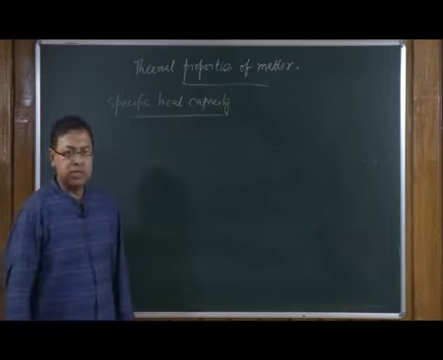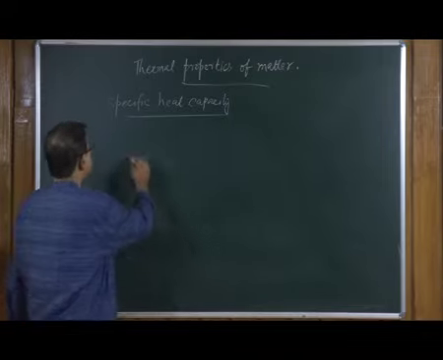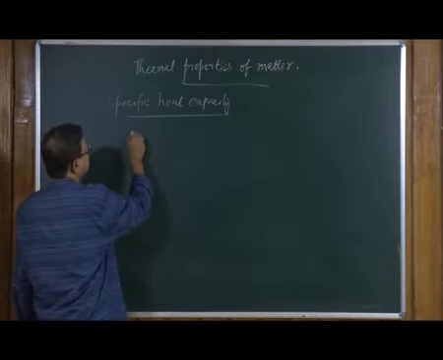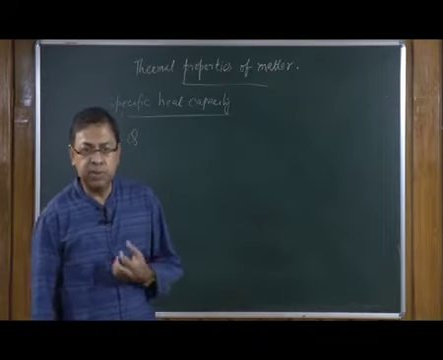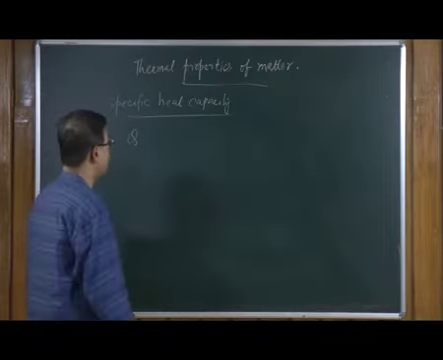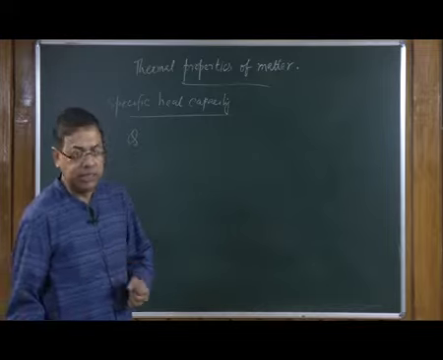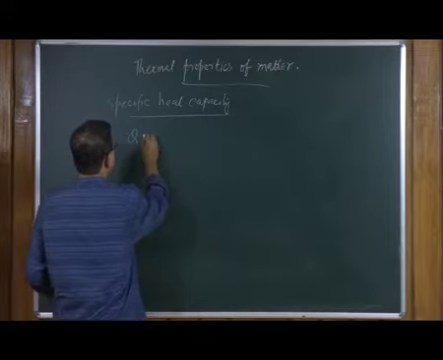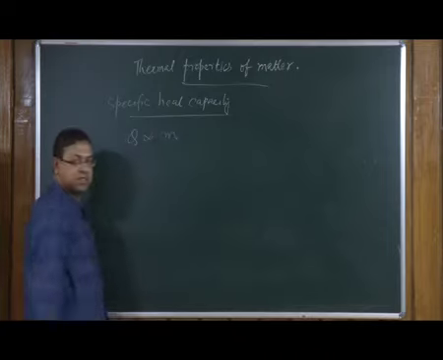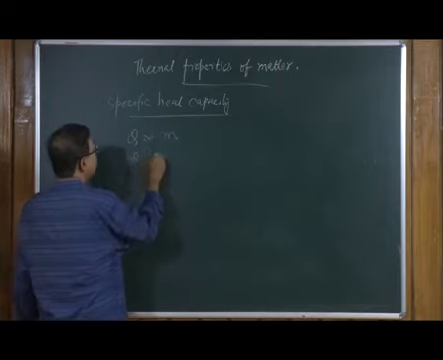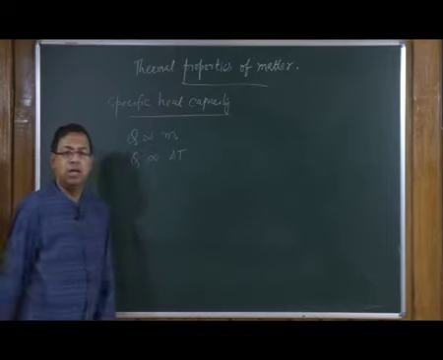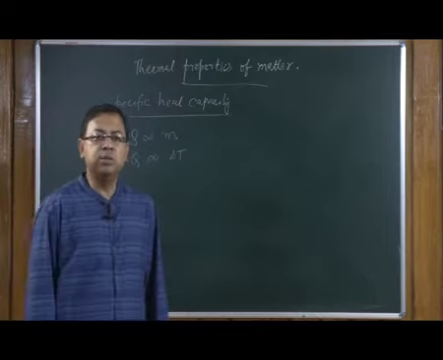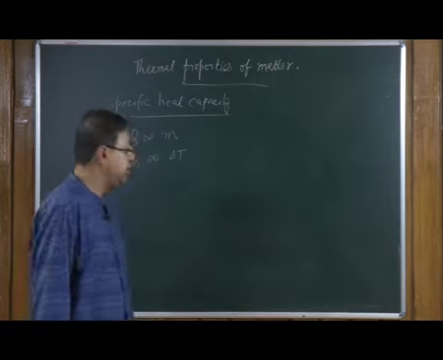And the way it was defined is that the amount of heat that is required to heat up a substance and thereby causing a change in temperature is proportional to the mass of the substance and is proportional to the change in temperature that it induces because of the addition of heat.